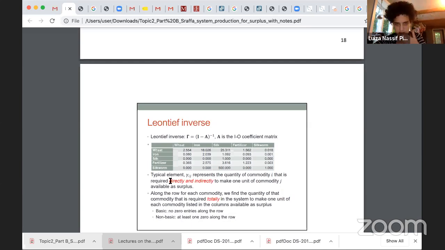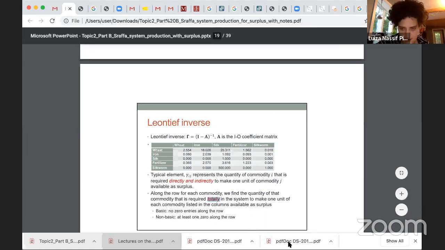But the main thing here is the total effect. So also call it the total coefficients table, while the A is called the direct coefficients table. So this is direct and indirect effects. But it's still a type of coefficients, right?